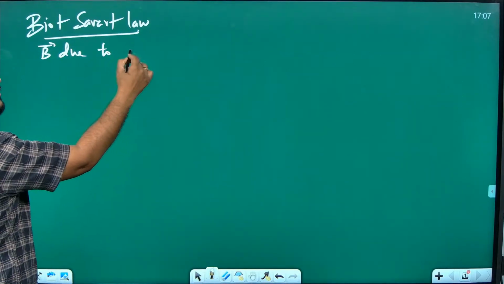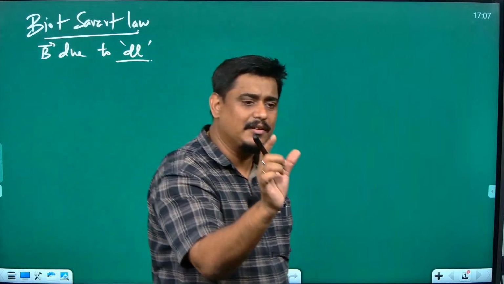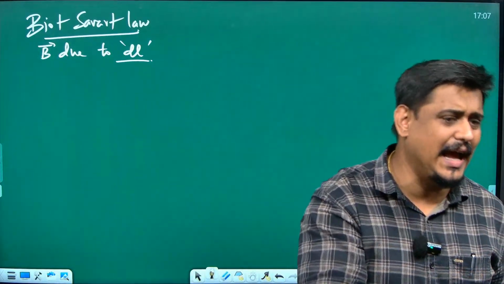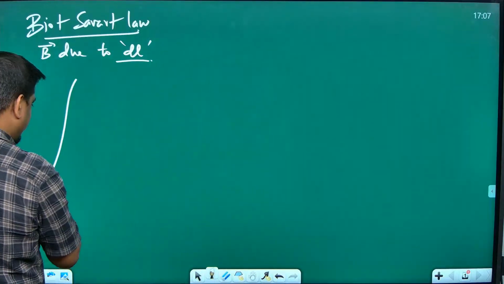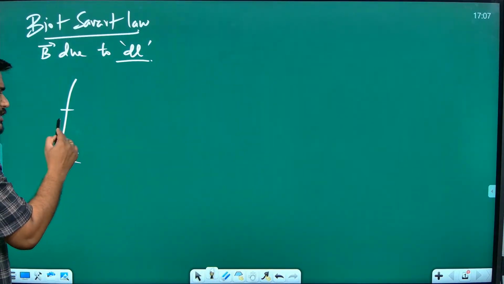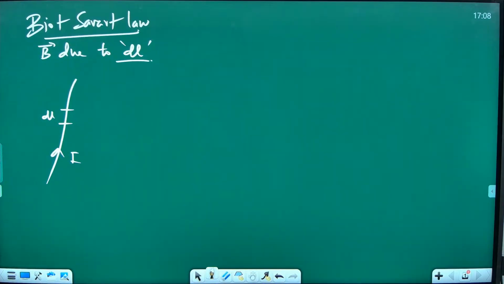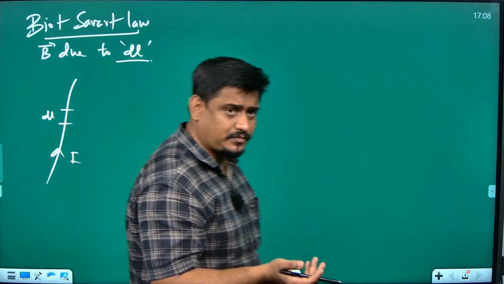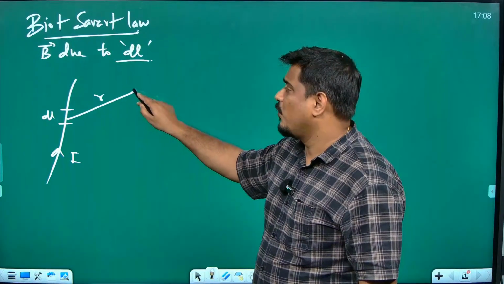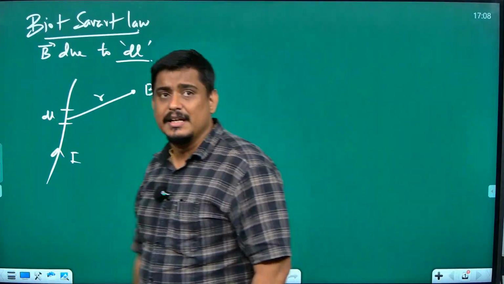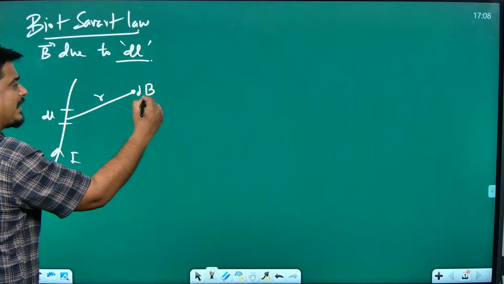What is the meaning of the word current element? A current element is the part of the wire which carries the same current as carried by the whole wire. Suppose I have a wire taking current I, then a small part of the wire is called dl, the current element, which carries the same current I. And if I want to find the magnetic field at a distance r away from it, since I am taking a small portion, I'll have a small magnetic field dB.